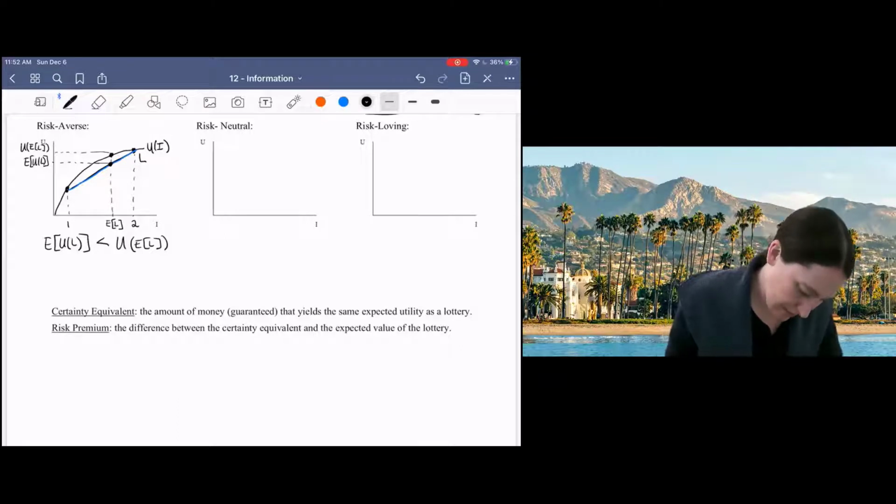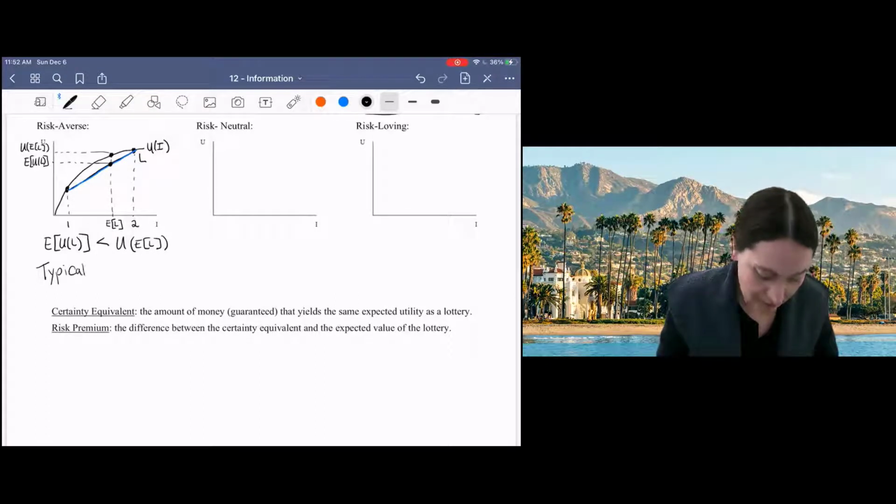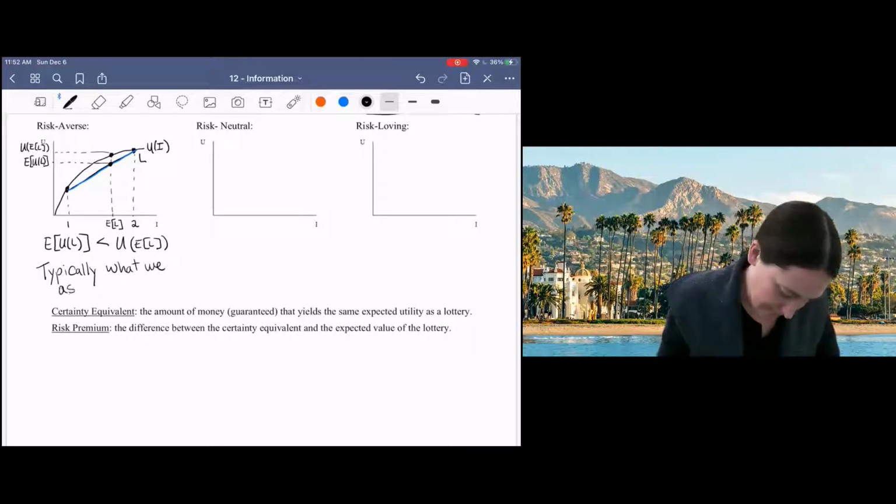And this is typically what we assume our utility function looks like for the reasons that we discussed in the first part of the class. And of course, this means that people dislike risk.